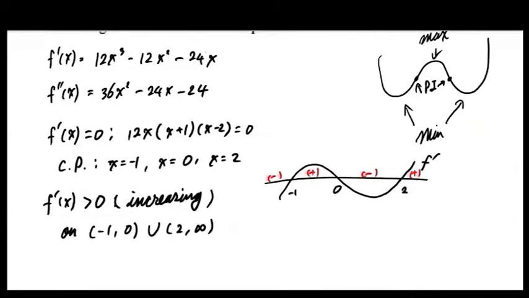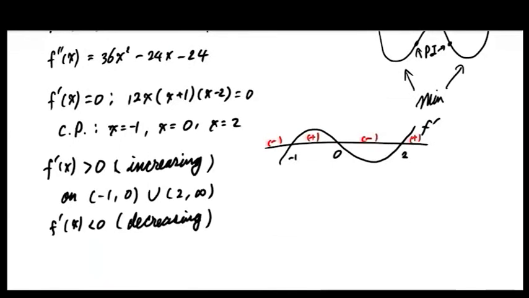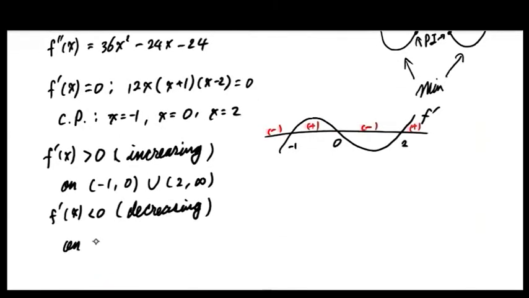Say yes. And then this is negative, so it happens to be decreasing in that part, on -infinity to -1, union that with 0 and 2. You with me?